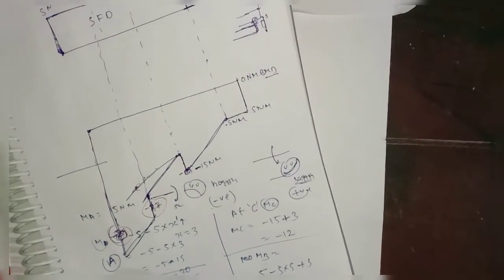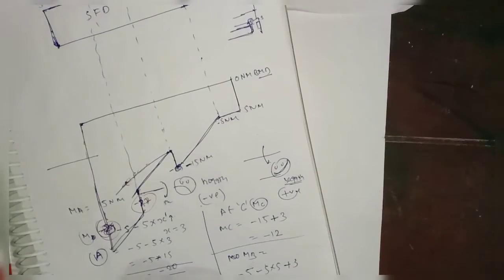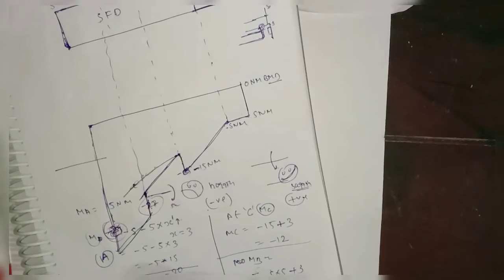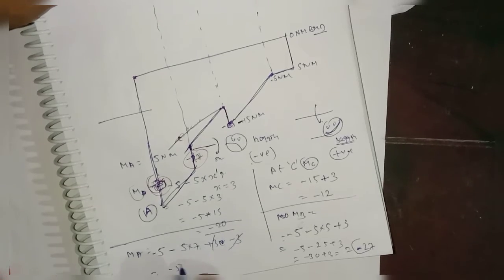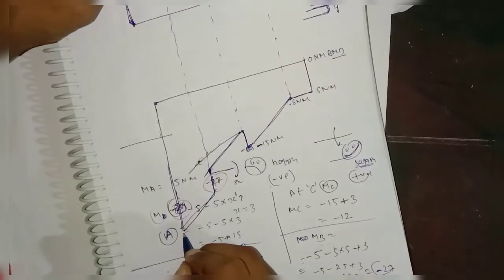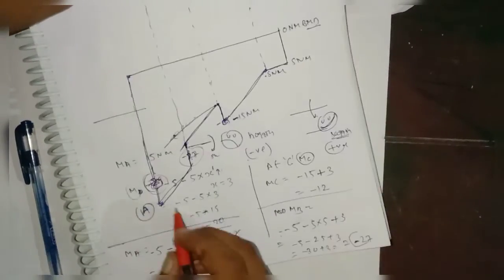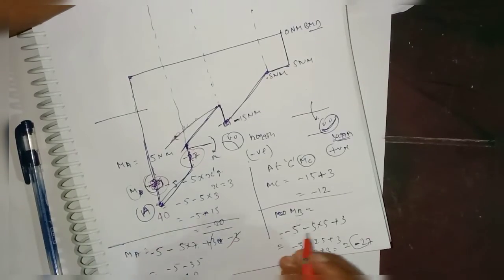So this will be plus 3 Newton meter. Then this is negative, so this will be minus 3, so this is going to be cancelled. Then your final bending moment at A you will get minus 5, and this is 35, right? So it is nothing but minus 40. So at point A you will get finally the moment as minus 40.